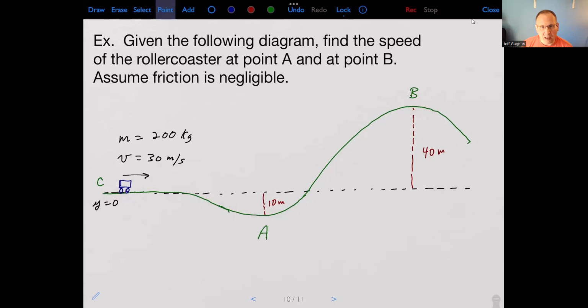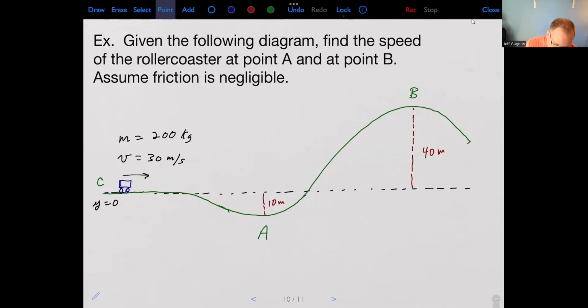If there were a frictional force, then we wouldn't have conservation of mechanical energy. So we couldn't actually use conservation of mechanical energy. There's different ways of solving it if you start including non-conservative forces, and we'll show you an example of that in a minute. But for this example, we're assuming there's no friction.